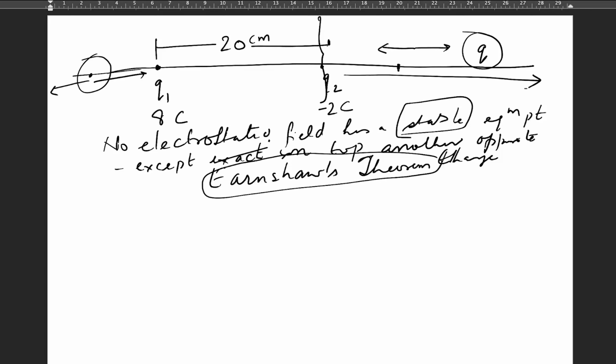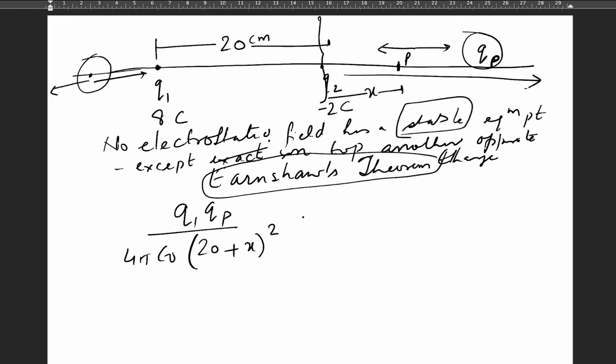Let us say this is the equilibrium point and it is at x distance from Q2. So the total force at this point P on this test charge will be proportional to Q1 QP over 4 pi epsilon naught times 20 centimeter plus x centimeter squared.